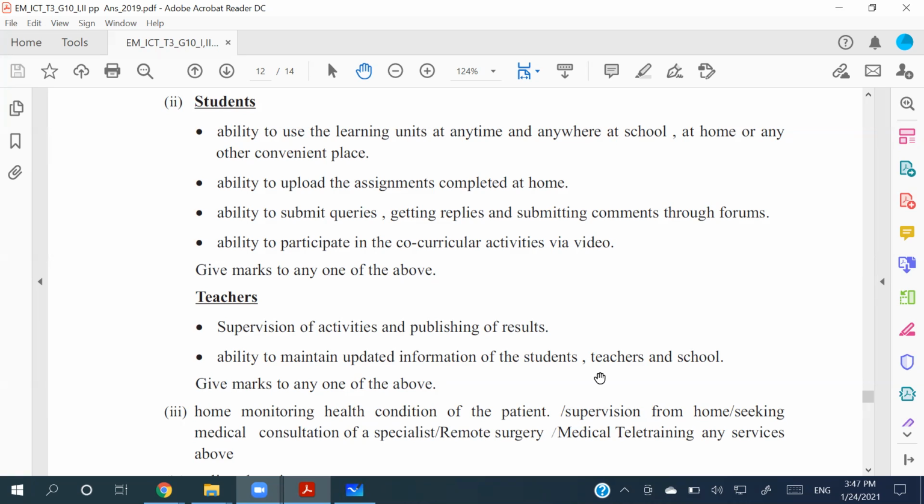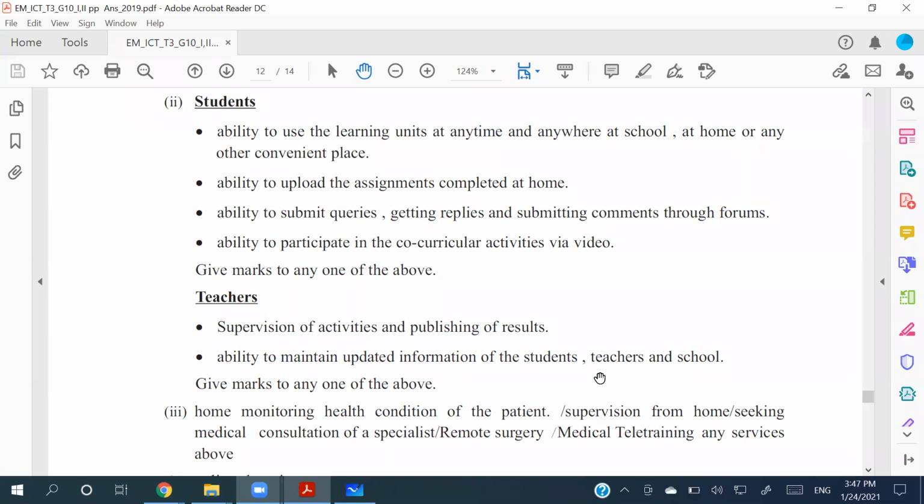Gaining knowledge through websites can be done with or without an LMS, so in that case you can't have any marks for that. So 1 mark for the student point and 1 mark for the teacher point. One of them is enough, or else if you get any alternative answers, just let me know.